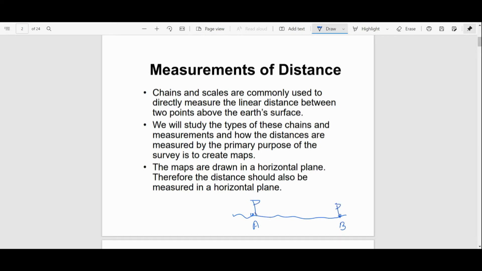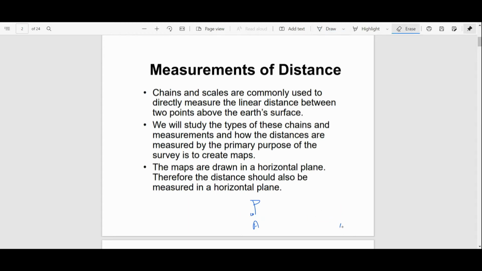Initially we had a chain, so we just laid down the chain in between the points and calculated the distance. But at present we have tape. It already has an indication of the measurements on it, and directly we can measure the distance between 2 points. But in old times we did not have that facility, so we had to count the distance with the help of chain. I will discuss how it was possible at that time.